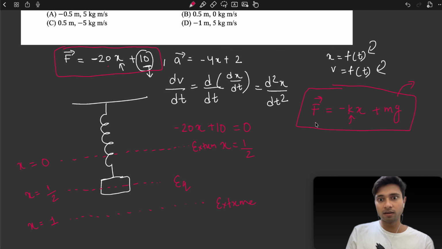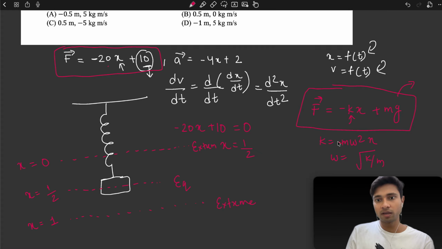So what will be the acceleration? Force is equal to kx, so if I rewrite, kx equals m omega square x, right? So omega equals root k by m.